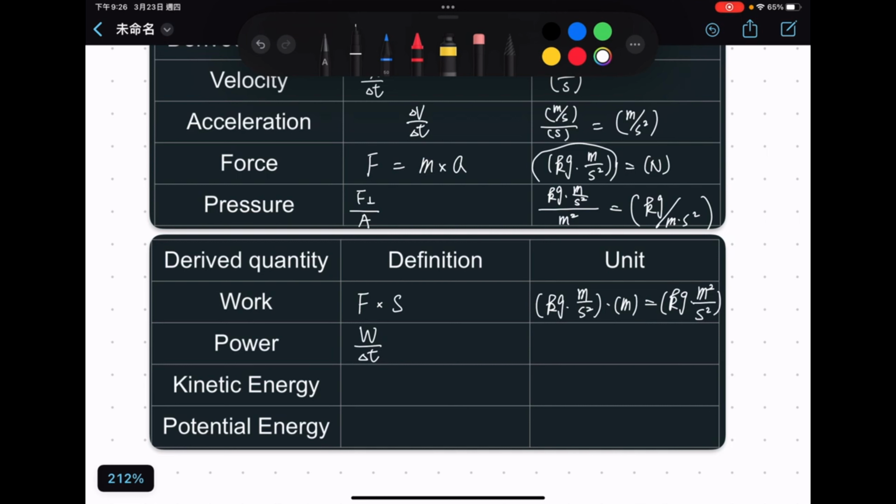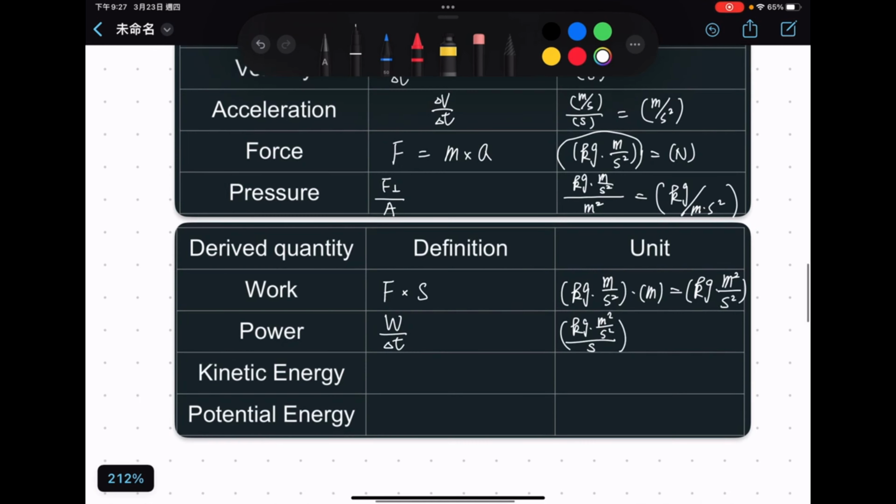So the unit will be kilogram times meter square per second square per second. So the unit of power is kilogram times meter square per second cube here.